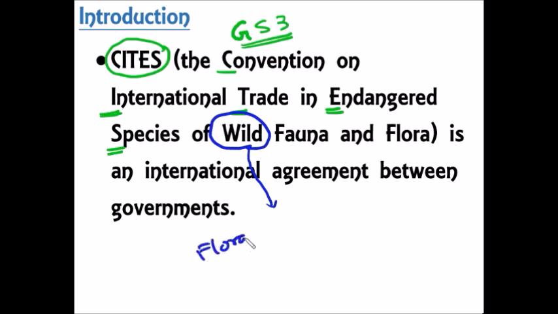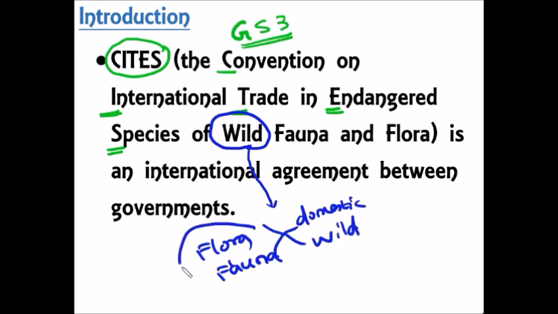Flora and fauna may be domestic or wild. If you write generally about flora and fauna, it is not a specific answer. So write about wild fauna and flora. Give a specific answer in mains so that you can get good marks.